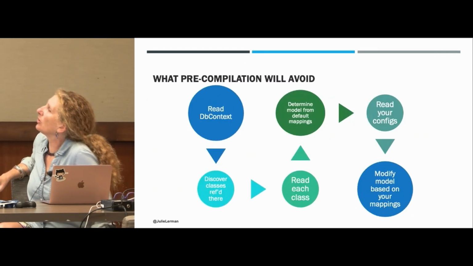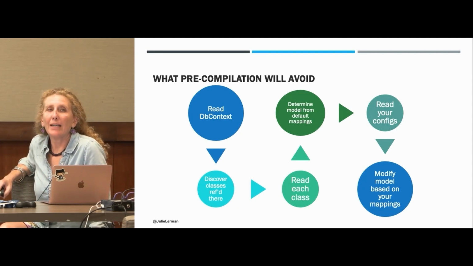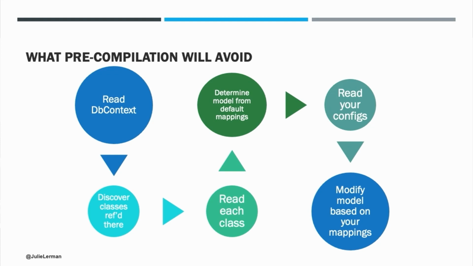Yeah, I just want to make sure you're aware of what happens when you're compiling, and this new feature of pre-compilation, what it avoids at that moment, right, that you need to have the model in memory. So it has to read the DB context, then go and look at all the classes that the DB context makes reference to, whether it's by a DB set or you've just got some model configuration or something like that, on model creating.